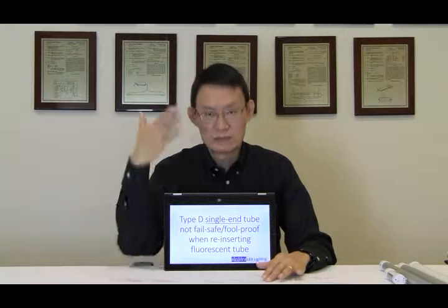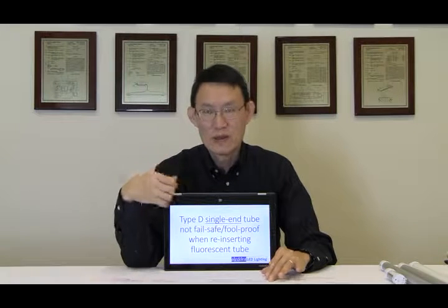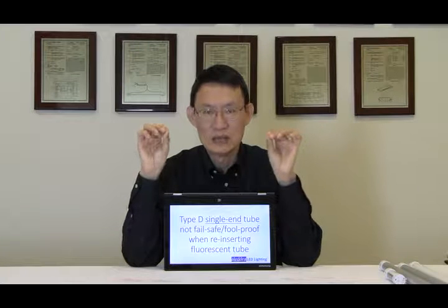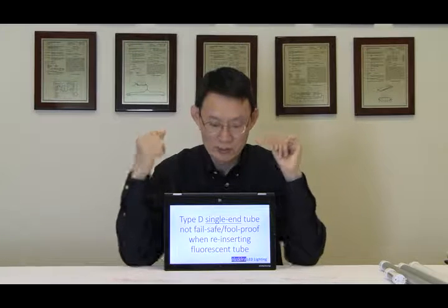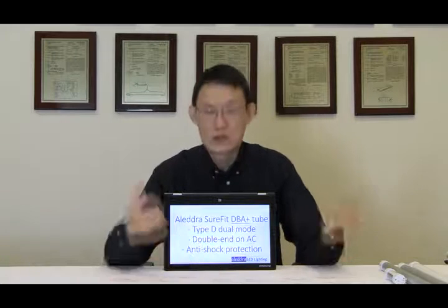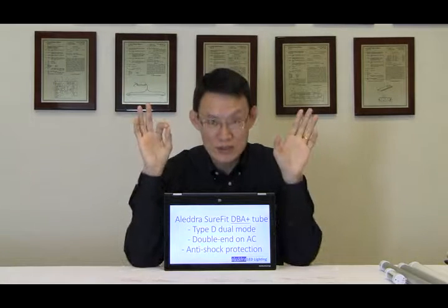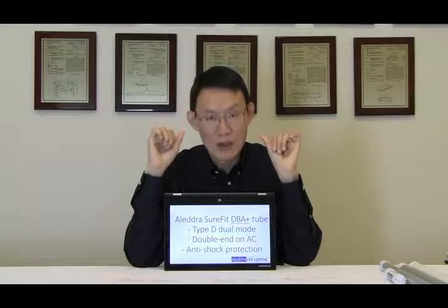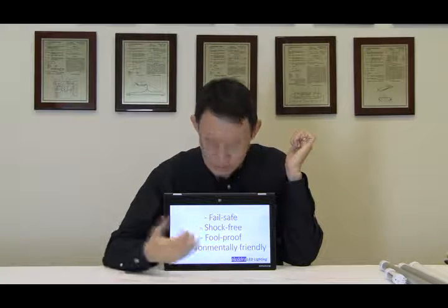So now, again, just to recap, type D inherits all the issues related to type B LD tube. Now, what's the solution? Well, the solution is a type D dual mode LD tube that is double end wire and has anti-shock protection.